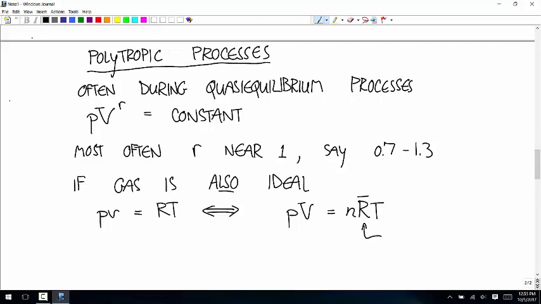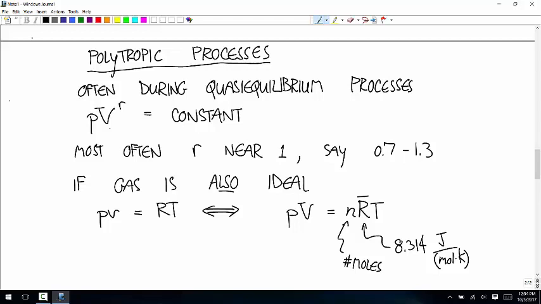So this is the one that's 8.314 joules per mole times Kelvin. This is the number of moles. And then you can combine these two relationships to eliminate variables.